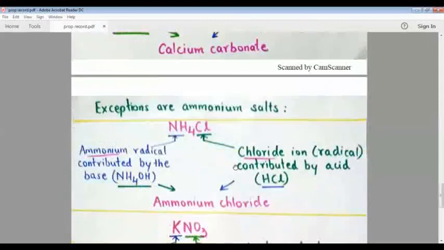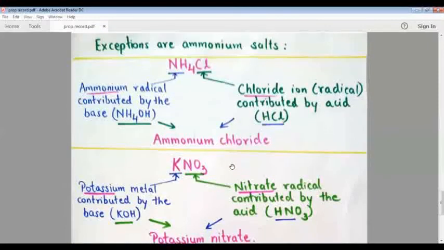Now moving on to some exceptions. We know that ammonium hydroxide is the only base which has a radical and not a metal. So again, over here, the positive cation will be contributed as a radical and not as a metal cation. Clear with this?